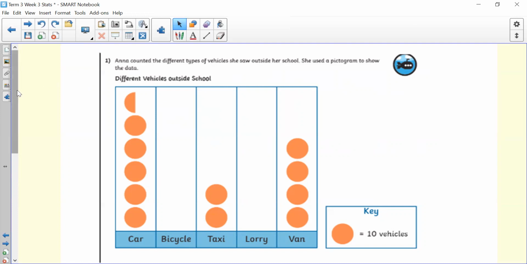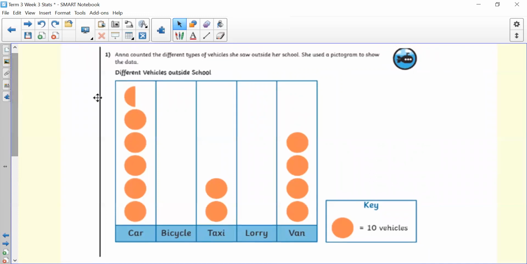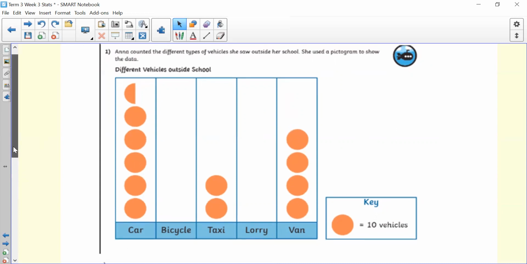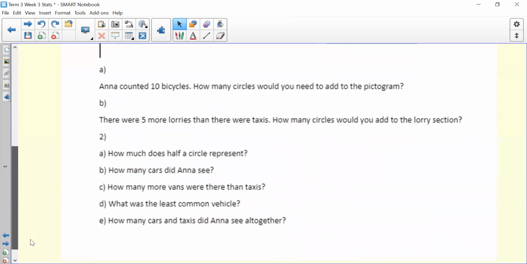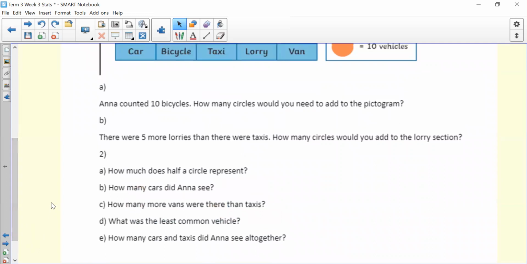Okay, so here's number 1. Now, if you don't have access to Teams, just pause the video just so you can see the different parts of the questions. Okay, so here's the first one, and that's the pictogram. So pause it there. And then they are the questions for the first one. So pause that. Okay, and just remember you can keep flicking back to see if you don't have Teams.